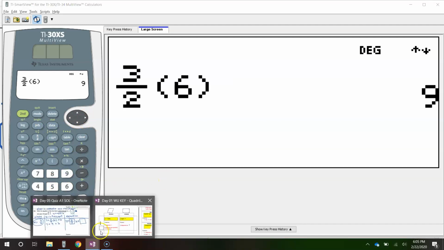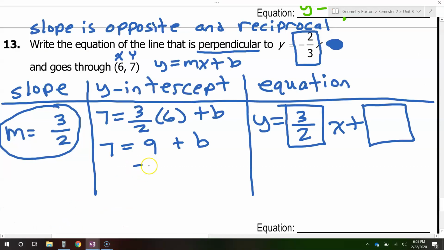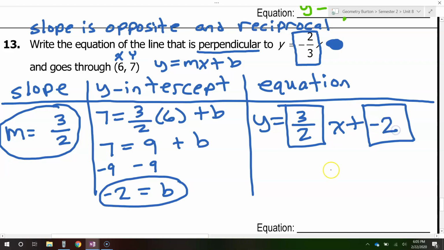That is 9, like I said. Then we will subtract 9 from both sides and get negative 2 equals b.